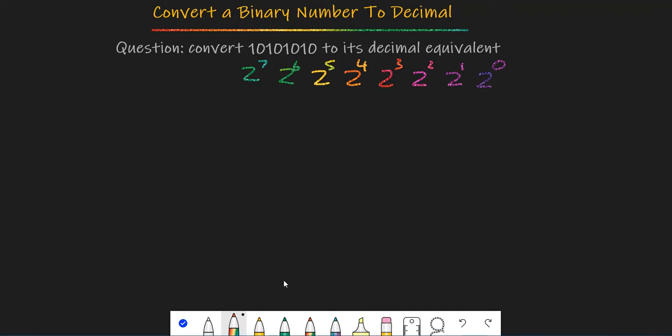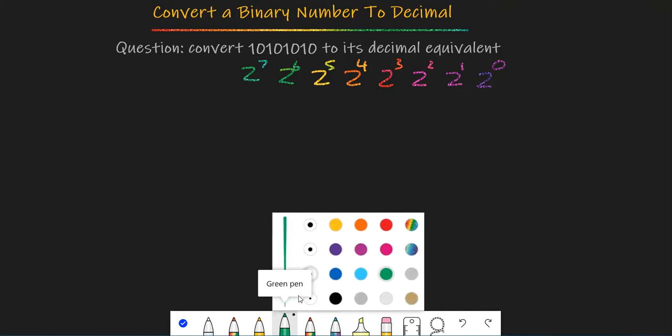Now I want to make it quite small, but I do want it to be legible, so I'll do blue. I always put in the decimal equivalent.